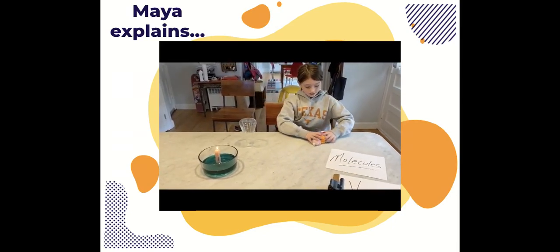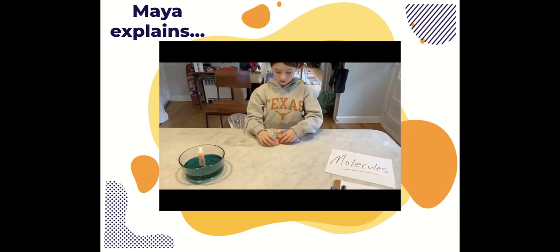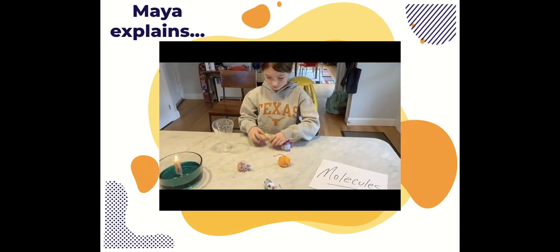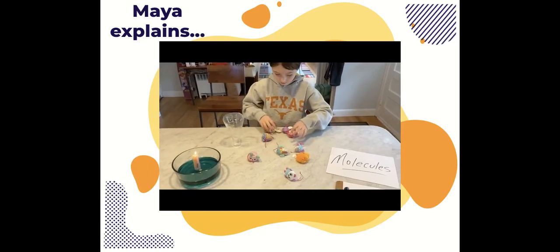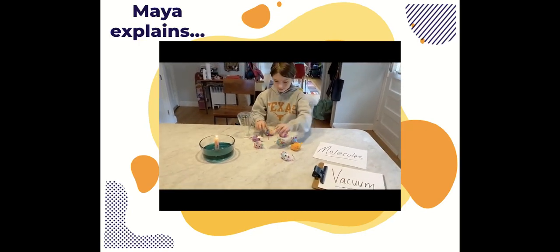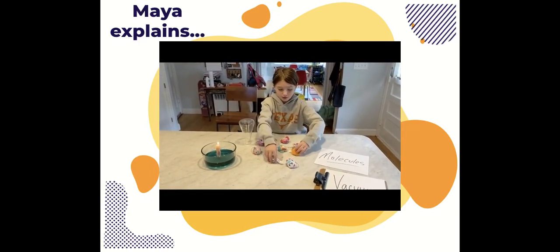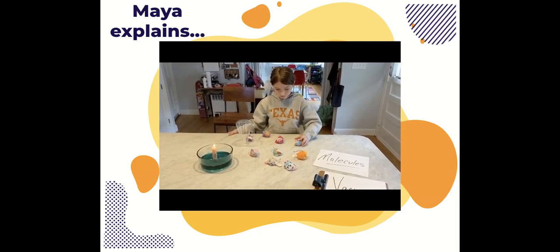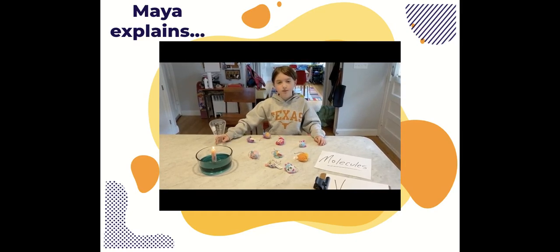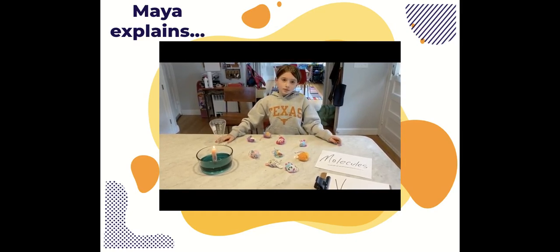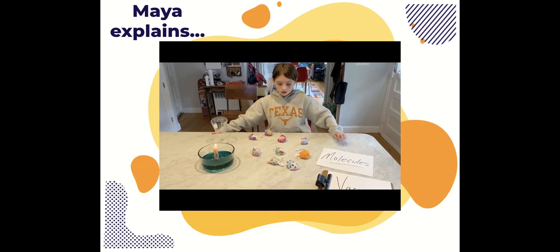Okay, so show us what the Pick Me Pops would look like if they were air and they were hot air. So what are you doing with the Pick Me Pops? I'm spreading them out. Okay, so when the air is hot, it's really spread out. Then after the flame goes out, what happens to the molecules as the air starts to cool down?